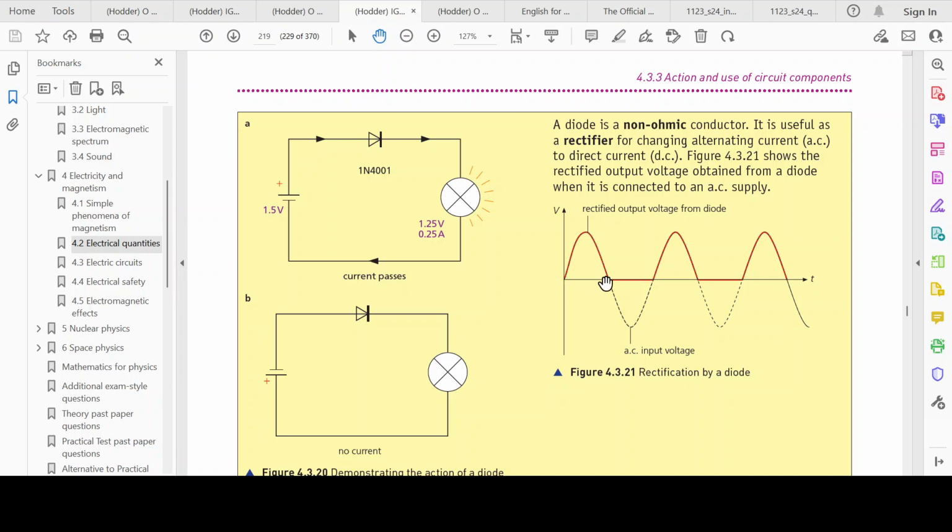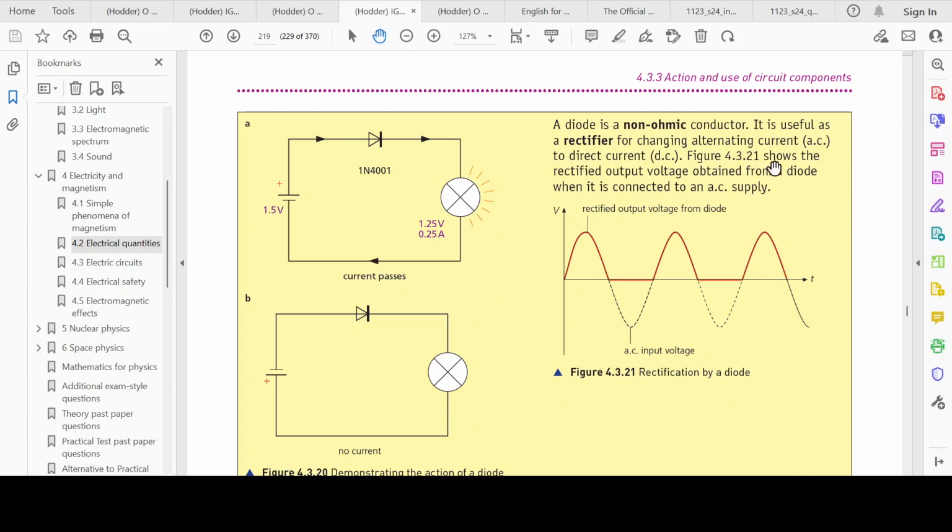But because the diode only restricts flow in one direction, it doesn't let it go in the other direction, and so it limits it to one direction and sort of makes it direct current. You're not getting a flat line, but it keeps it flowing in one direction. So that's why it's direct current. Otherwise, it would have gone to negative voltage, which means opposite direction.